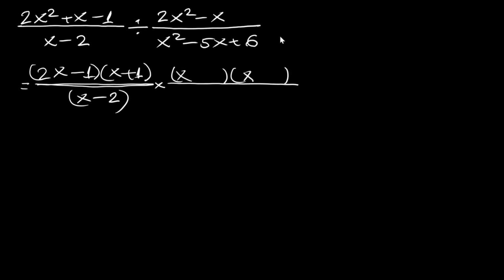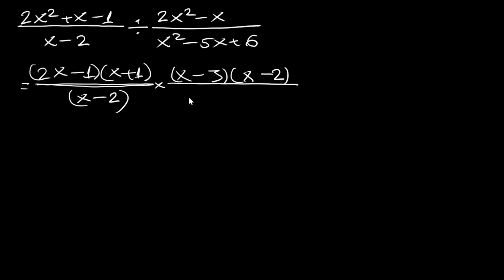And now we need two numbers, the product of which is 6 and the sum of which is minus 5, which should be minus 3 and minus 2. Because we have x squared minus 3x minus 2x, which is minus 5x, and then minus 3 times minus 2 is plus 6.